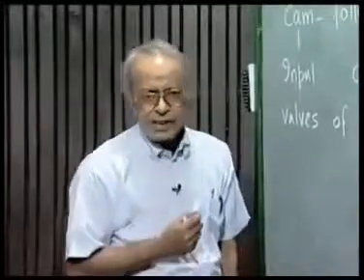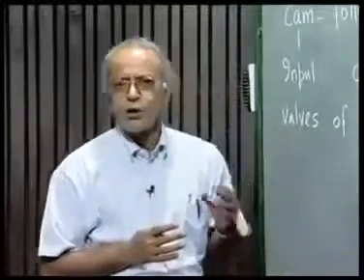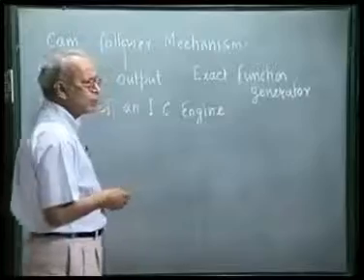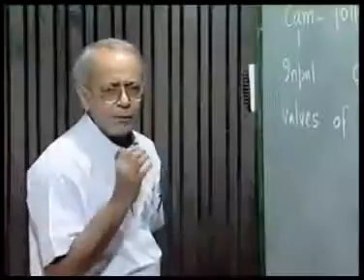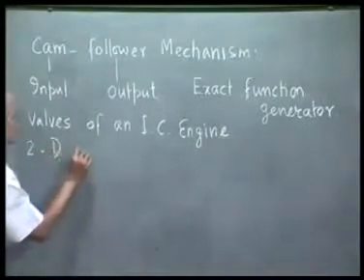In case of linkages, we restricted our discussion only to planar linkages or two-dimensional linkages. Similarly, for cam follower mechanisms also, we will restrict our discussion only to planar or two-dimensional, that is 2D.